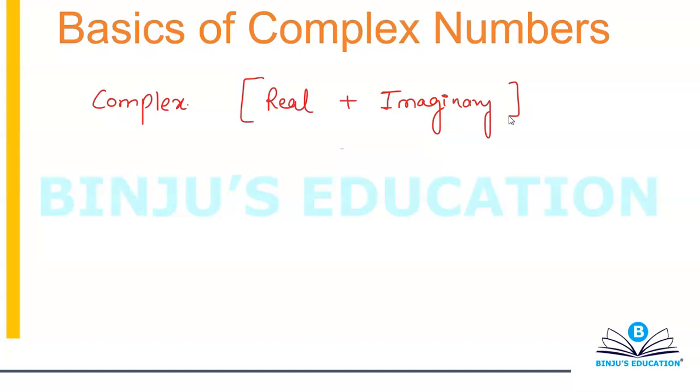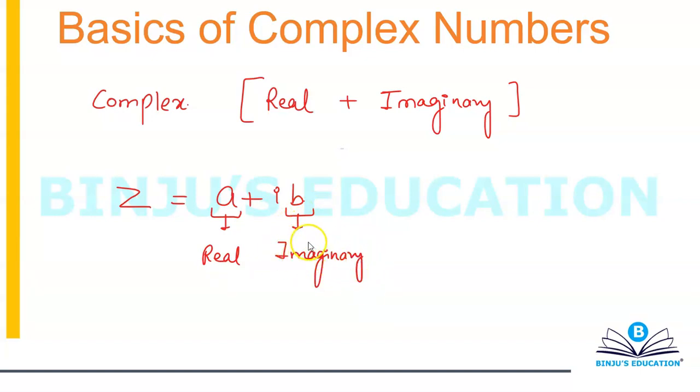A general form of representing a complex number is with the help of the letter Z, and that is equal to a plus ib, where a is the real part and b is the imaginary part.